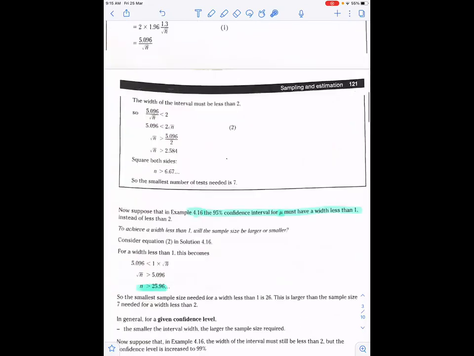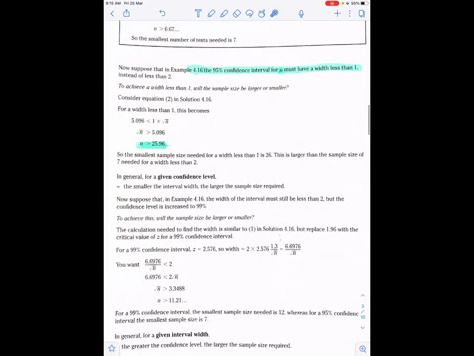Going back to the book, the smallest sample size needed for a width of less than 1 is 26 to have a 95% confidence interval. This is larger than the sample size of 7 needed for a width of less than 2. If you want the width to be smaller, then the sample size should be greater. This is the concept.